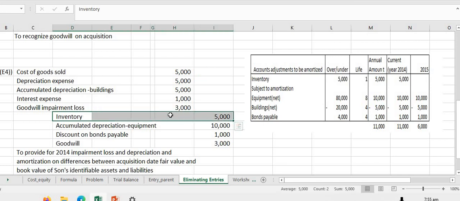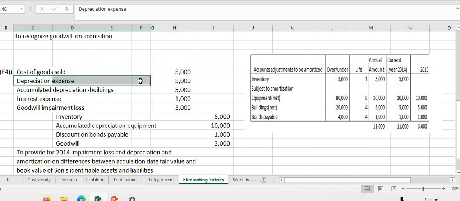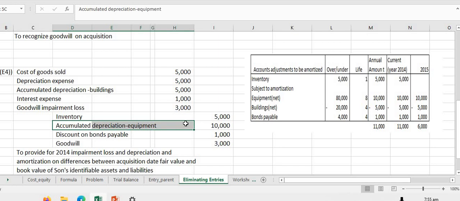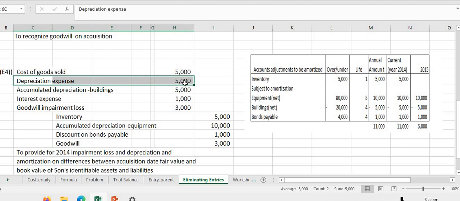For the equipment, you debit depreciation for 10,000 and credit accumulated depreciation equipment for 10,000, the counterpart entry of each undervaluation. And for the building, the entry should be debit to accumulated depreciation building, credit depreciation expense, but we netted the depreciation by 5,000.